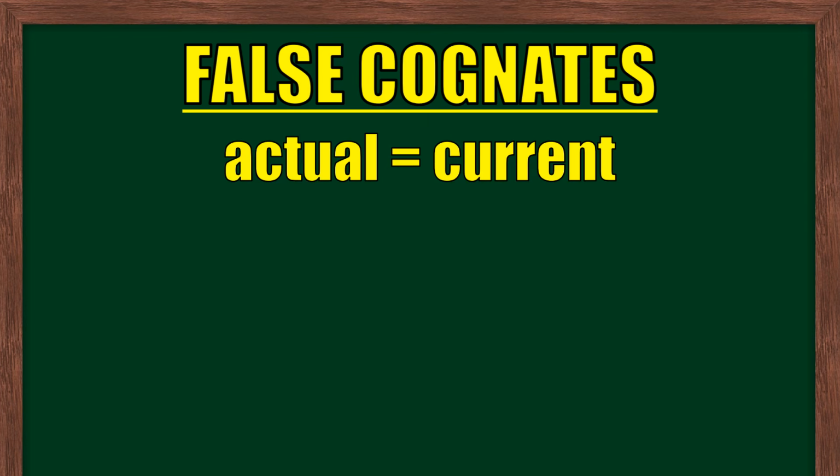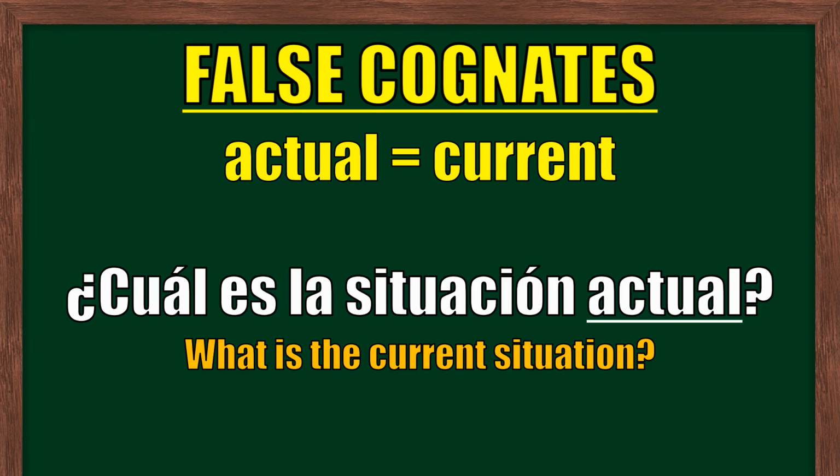It means current. As you can see, it has nothing to do with actual. Actual, current. ¿Cuál es la situación actual? What is the current situation? Situación actual. As you can see, actual means current and not actual.